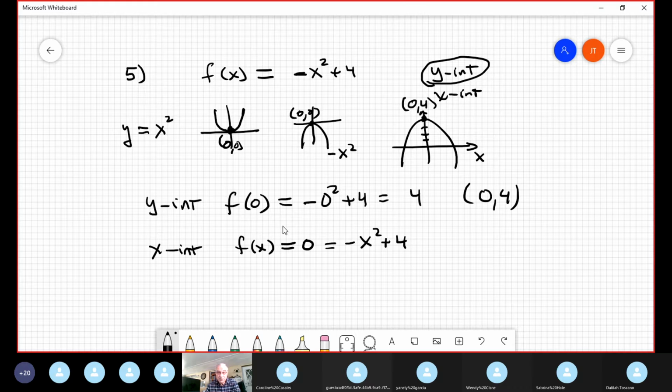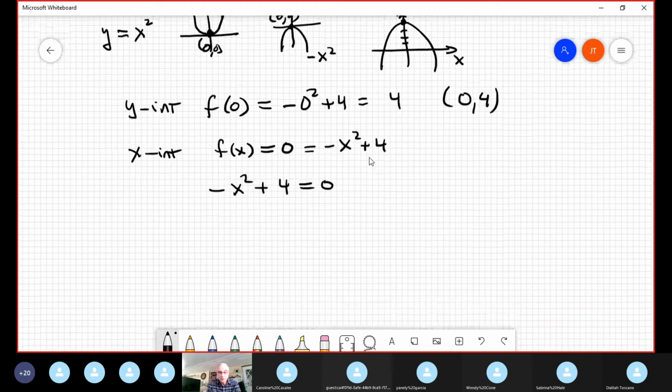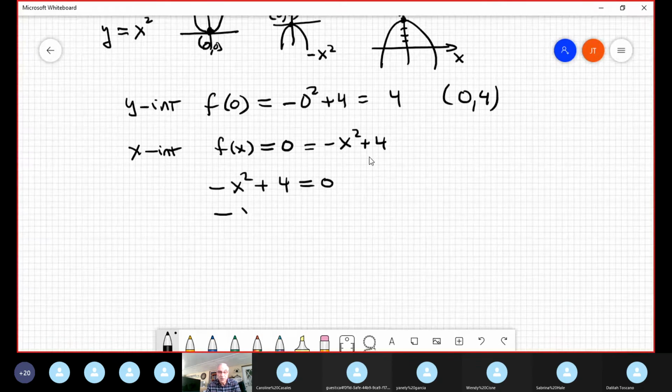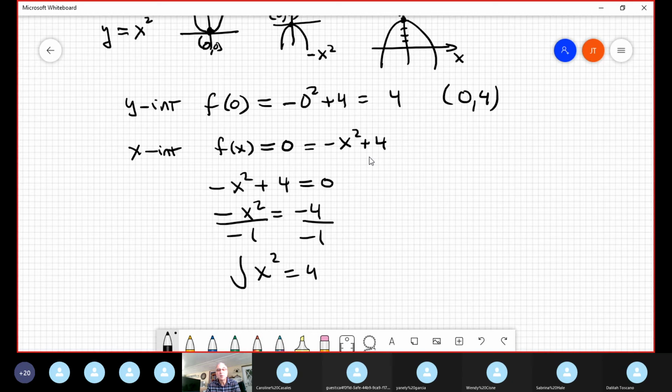I copy it like that: minus x squared plus 4 equals 0. You isolate the x squared. The minus x squared is equal to minus 4, divided by negative 1 on both sides. X squared equals 4, and apply the square root on both sides. And the answer for x is plus or minus 2.